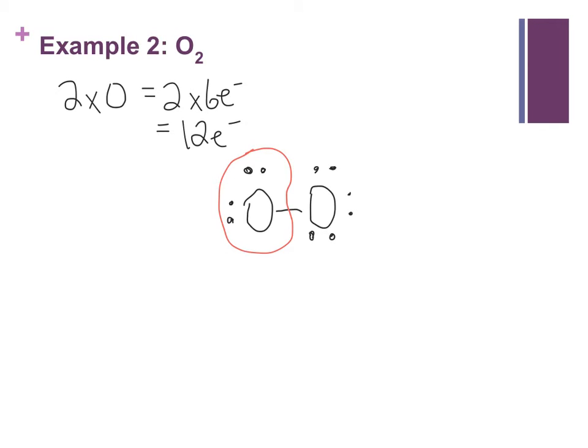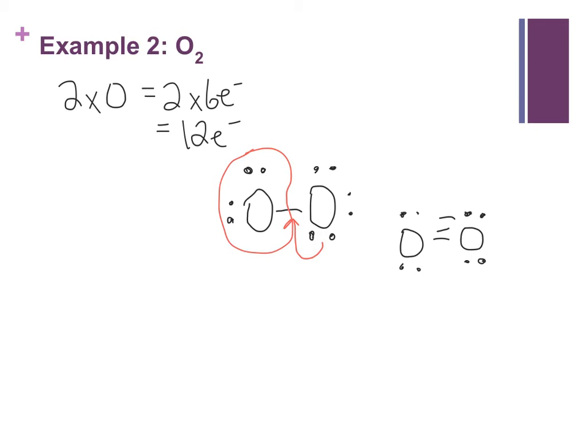So in order to get the 8, another pair of electrons is going to be shared between the 2 oxygens. And this is going to form a double bond. So the final Lewis structure would be an oxygen double bonded to an oxygen, and then each of those 2 oxygens has 4 other electrons.